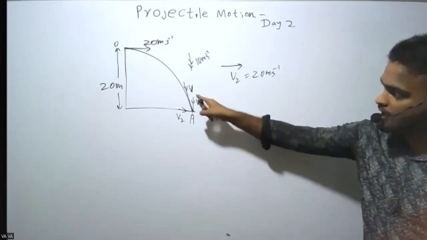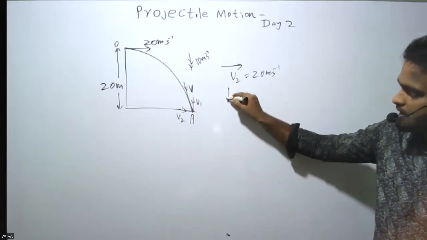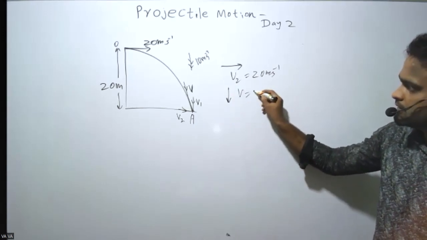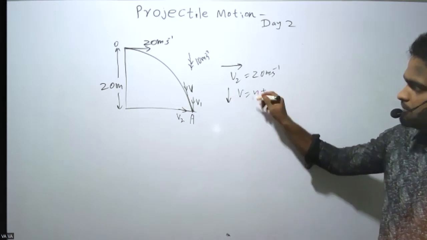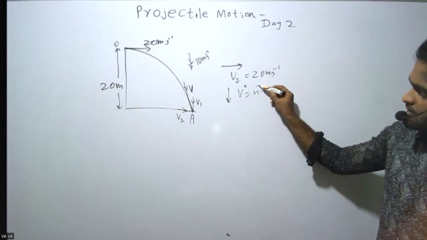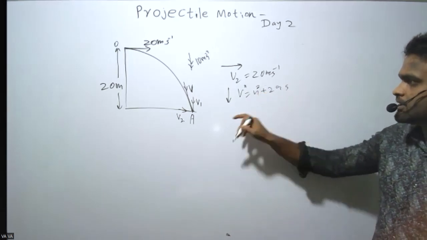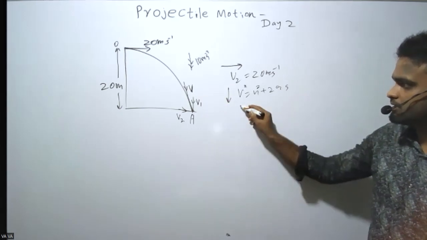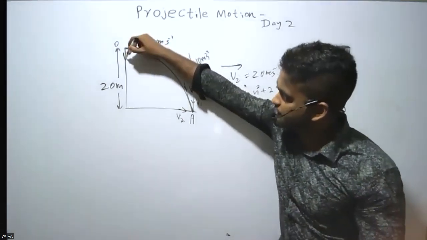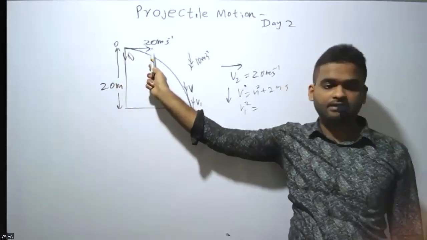The other thing is you have to find this V1. That is vertical, so apply equations downwards, vertically. I think it's better to apply this equation, v squared equals u squared plus 2gs, because they haven't asked about time. So the final velocity V1 squared equals initial vertical velocity component squared, which is 0, because the whole velocity here is horizontal, 20.